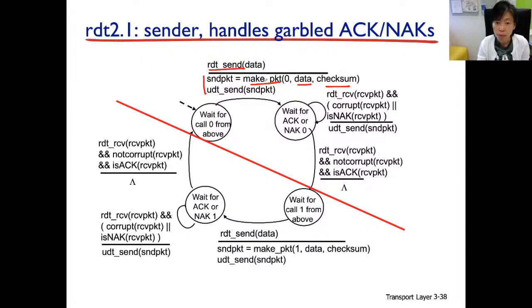The new thing we add here is a sequence number in the packet we're creating. So the send packet here now contains not just data, not just checksum, but also a sequence number. And as usual, we send it out through the network layer. So we call at the transport layer UDT send.